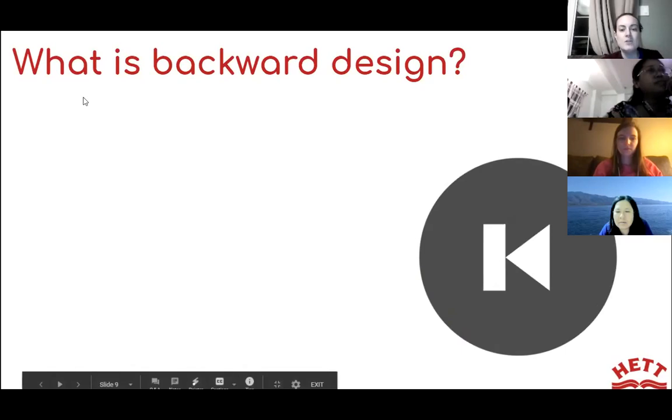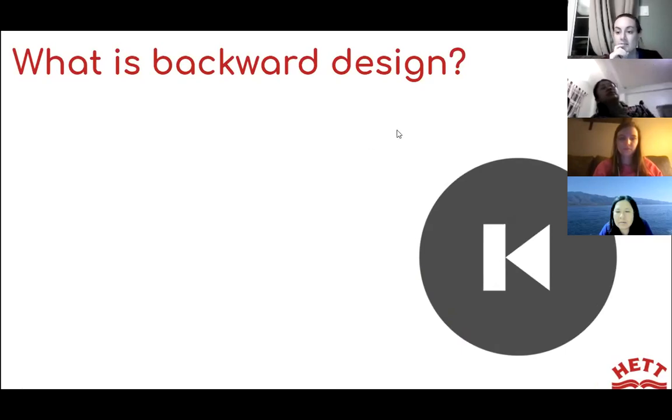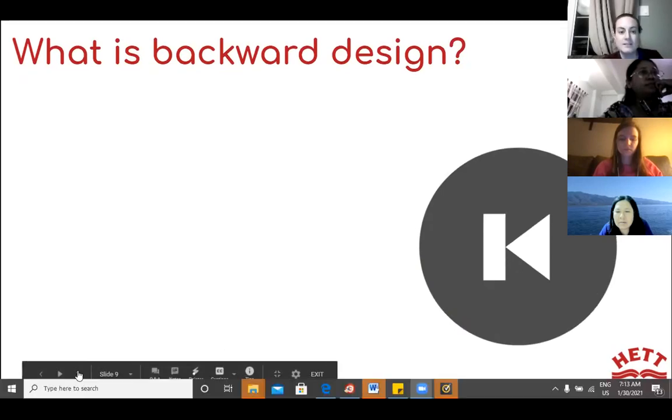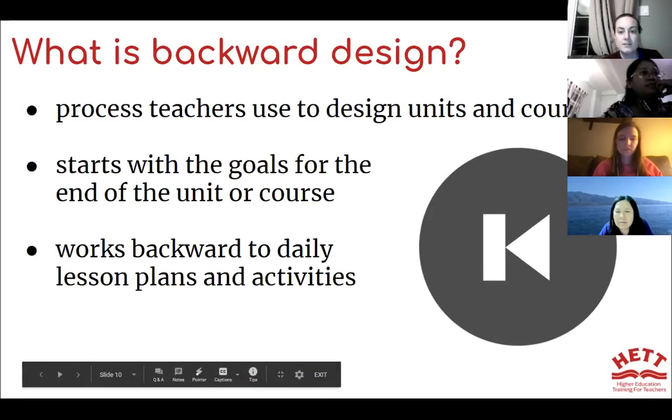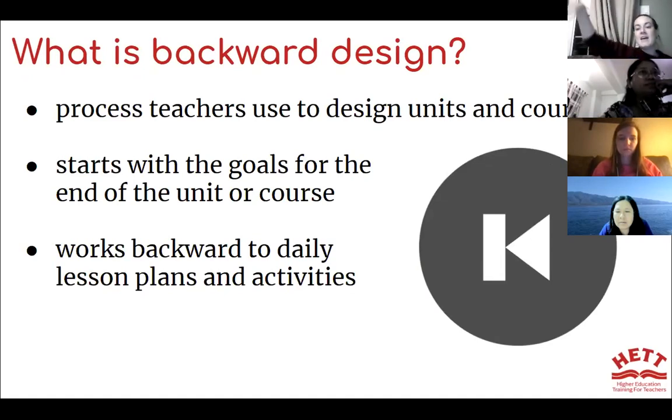Does anyone know what backwards design is? Focus on student desire or student needs. Yeah, so it's looking at the end goal for your course. What's the end goal for your students?